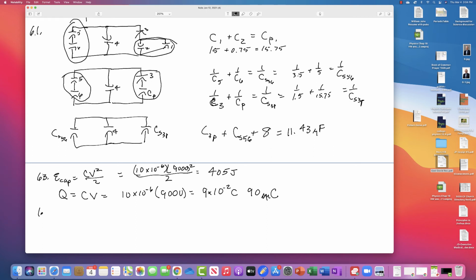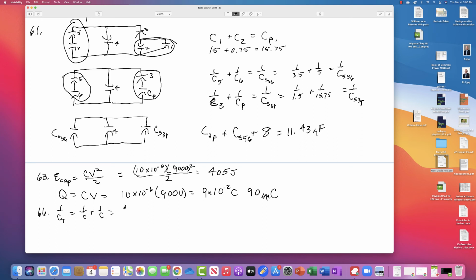Last problem. 66 states, suppose you have a 9-volt battery and a 2 microfarad capacitor and a 7.4 microfarad capacitor. Find the energy and the charge if they're connected in series and parallel. Well, first of all, you have to find the capacitance for series. So the total capacitance is going to equal the individual capacitance like this.